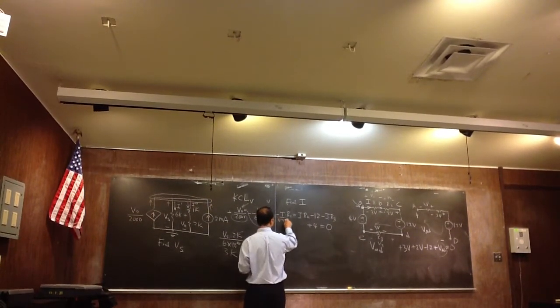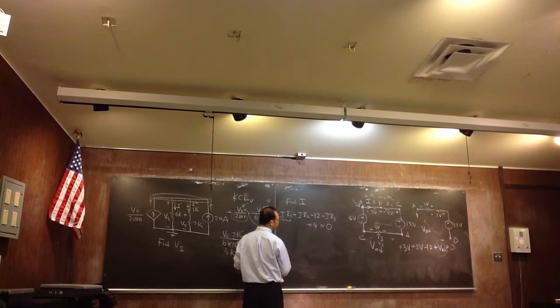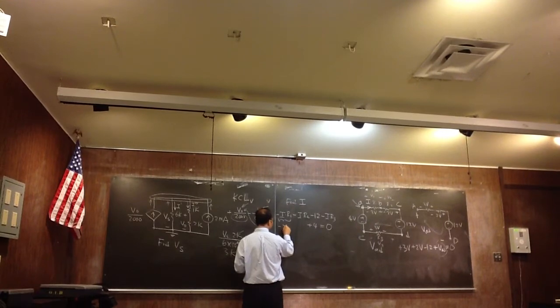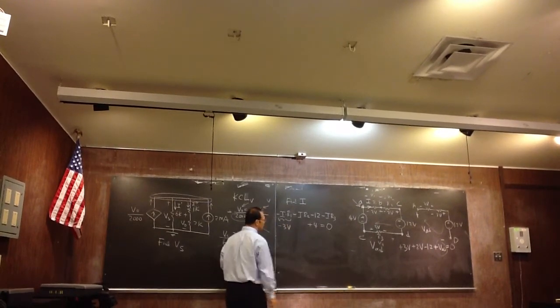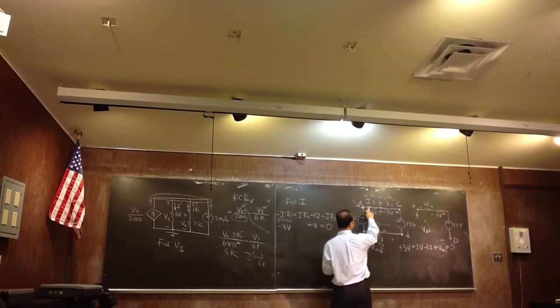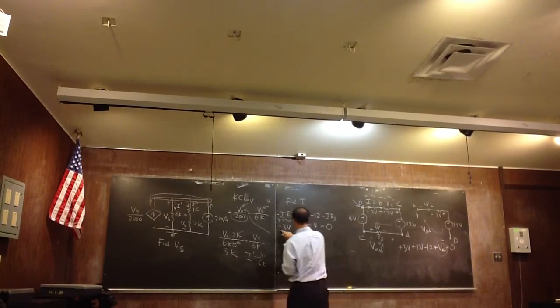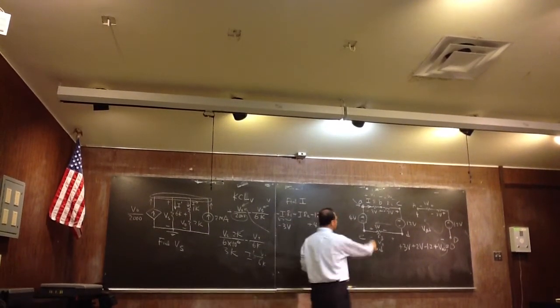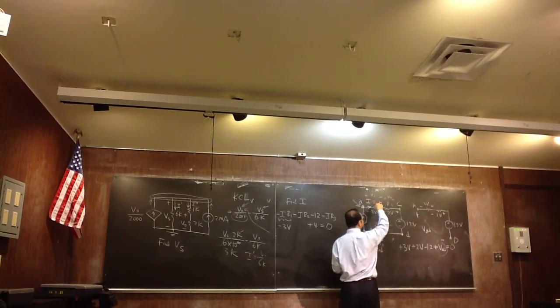But this one is equal to what? It's equal to minus 3 volts. Why is it minus 3 volts? Because the polarity I have assigned is plus minus, but actually it's minus plus, right?